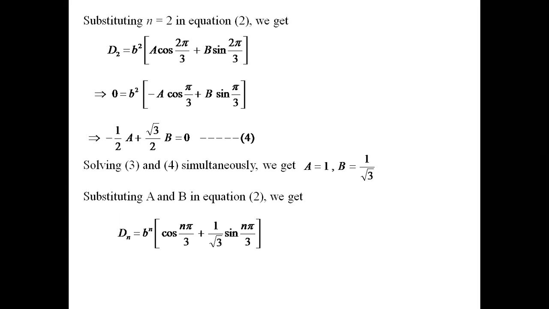So substituting in it, this was our expression which we had: B power n into A value is 1, so 1 into cos n pi by 3 plus B value is 1 by root 3 into sine of n pi by 3. So this is the complete solution for the given second order homogeneous recurrence relation, wherein the obtained roots were imaginary roots.